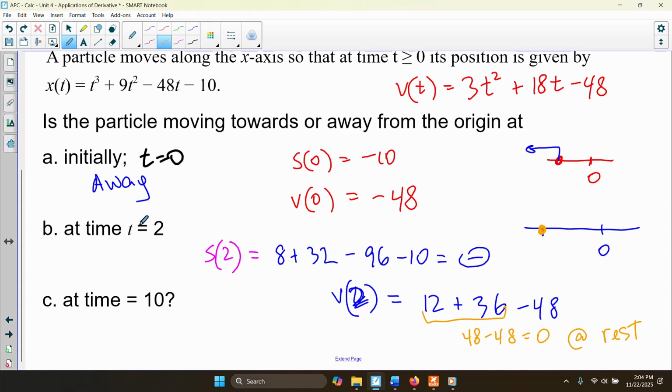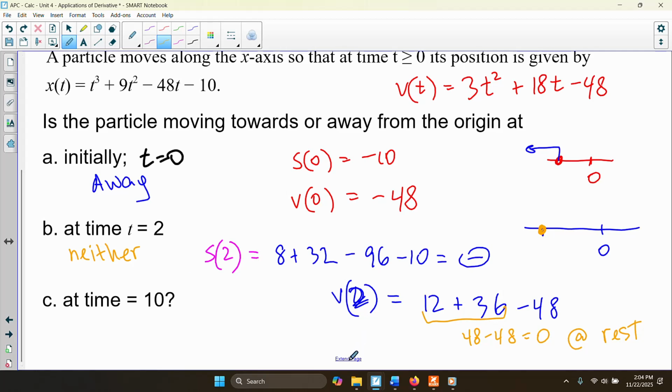I remember making this problem last year. I guess I meant to make it a tricky problem, or maybe just randomly made it that way. Anyway, so this is neither, and that probably is the proper answer. It's not like you can't tell. It's neither. It's not moving away or toward, it's standing still at that moment.